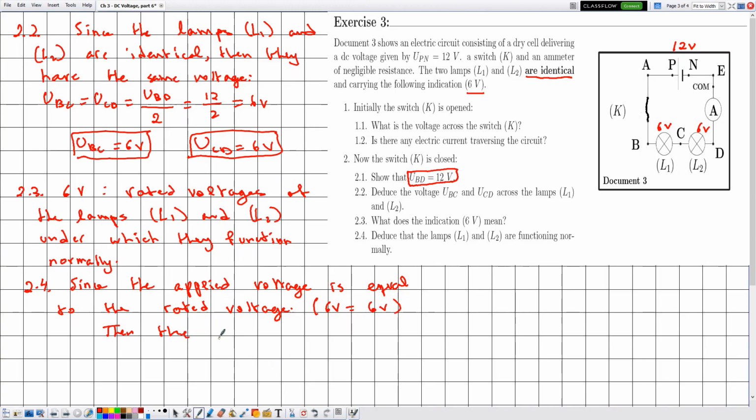Then the lamps L1 and L2 will function normally.